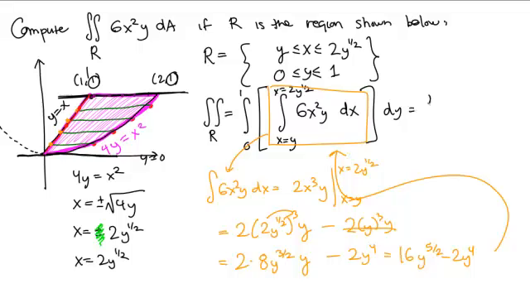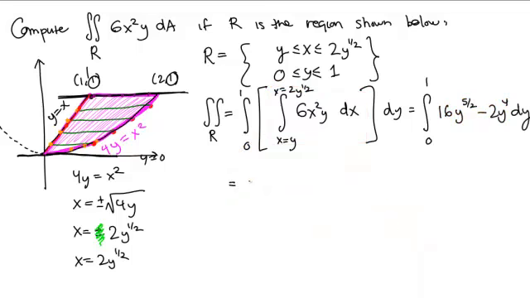So now we can complete the iteration by integrating from 0 to 1 the function 16 times y to the 5/2 power minus 2y to the 4th with respect to y. If we apply the fundamental theorem to this, we're going to have 16 times, let's see, that would be y to the 7/2 times 2/7, minus 2/5 times y to the 5th, evaluated from 0 to 1.